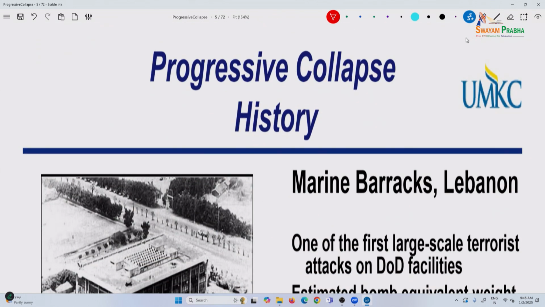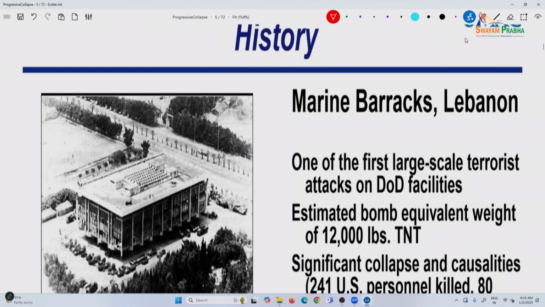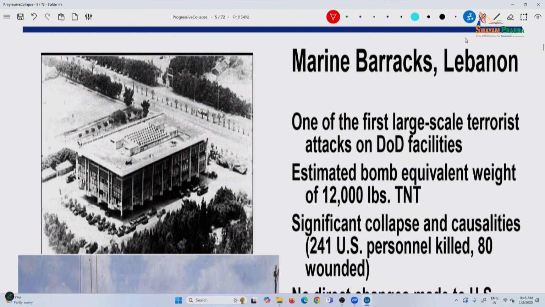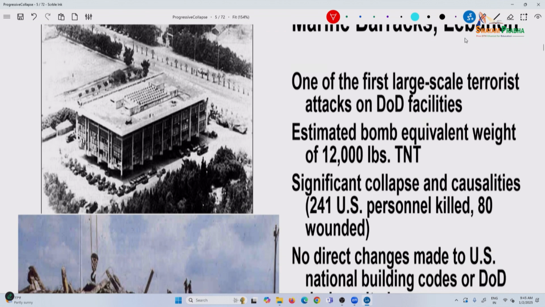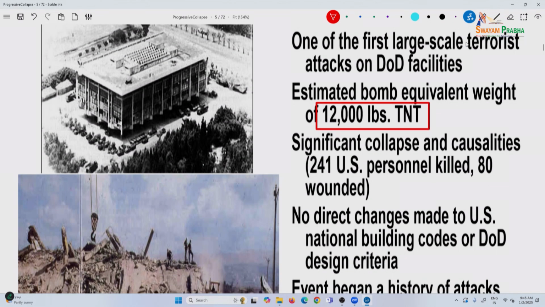Then progressive collapse history, some more. This was again a marine barracks, a DOD facility, and you see that people do use fairly heavy amounts of TNT, 12,000 pounds of TNT.